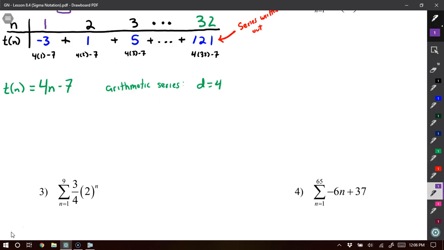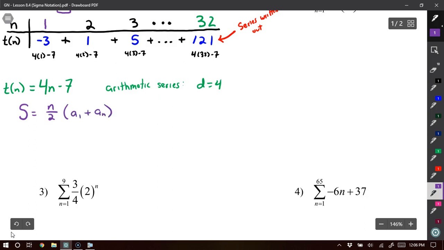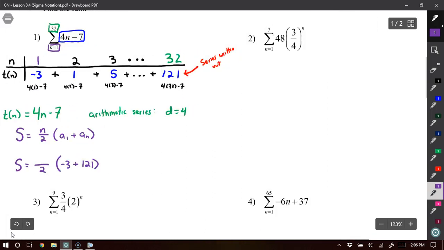Sum of an arithmetic series is going to be n over 2 times a1 plus a sub n, that quantity. And notice we have everything we need. I have my first term as -3, and I have my last term as 121. Well, where do I find my n? n is the number of terms in the series.